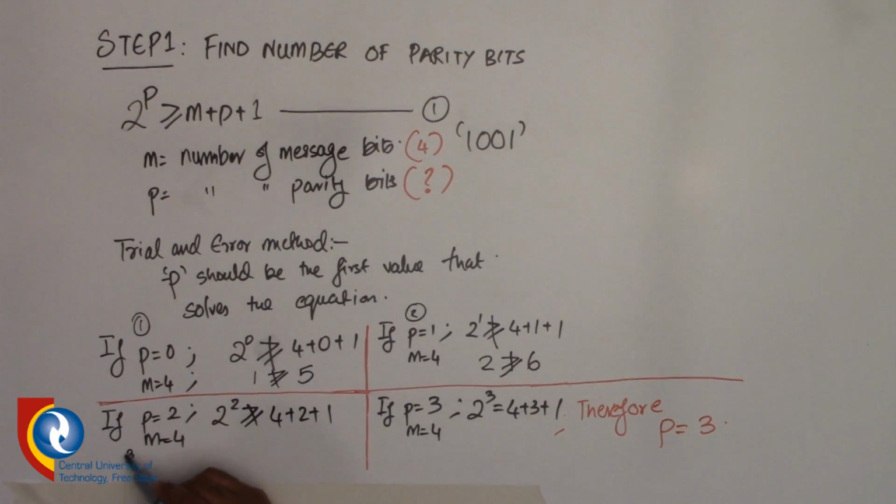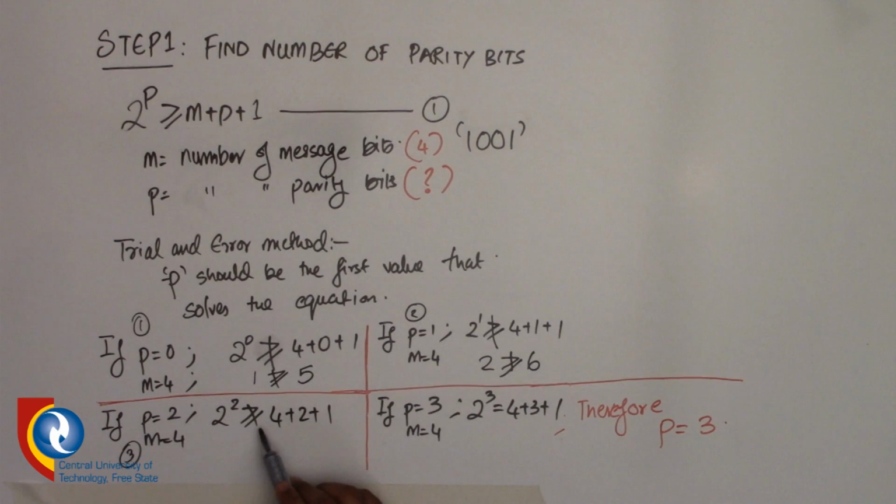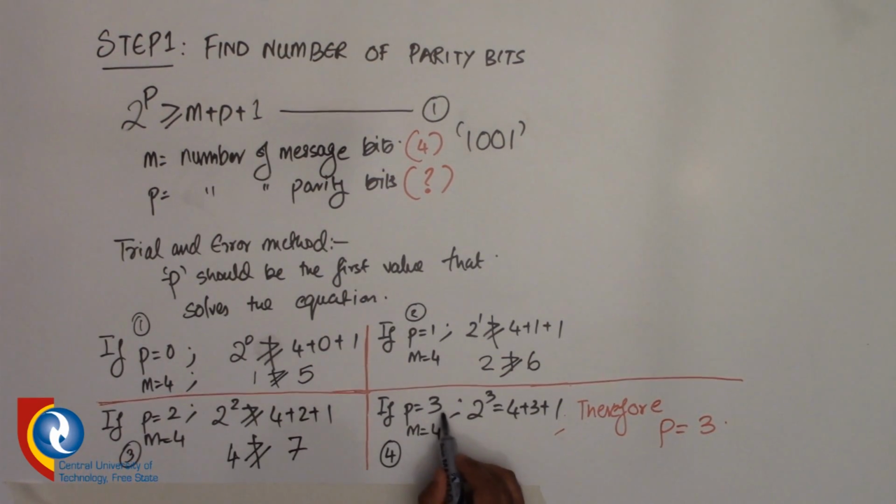Substituting p equals 2, which is case 3, we get 2 to the power 2 greater than or equal to 4 plus 2 plus 1, which means that 4 must be greater than or equal to 7, which again is not the case. Case number 4 has p at 3 and m equal to 4.